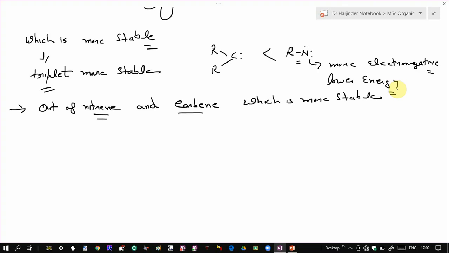Because of more electronegativity of the nitrogen atom, which holds these electrons closer to itself and provides more stability.